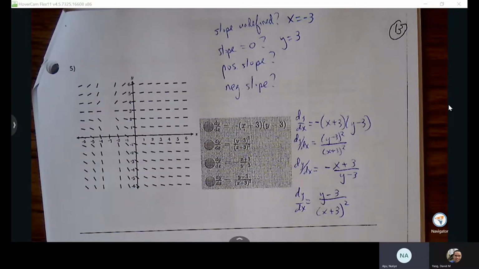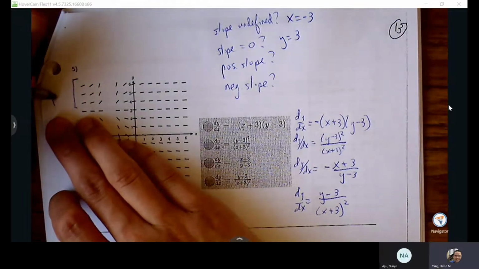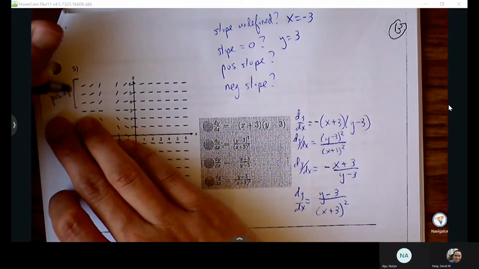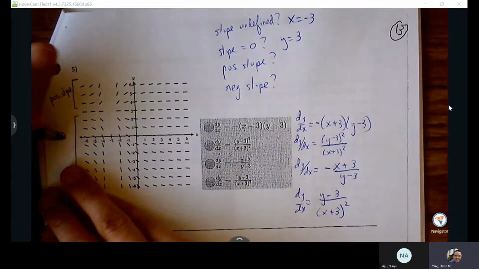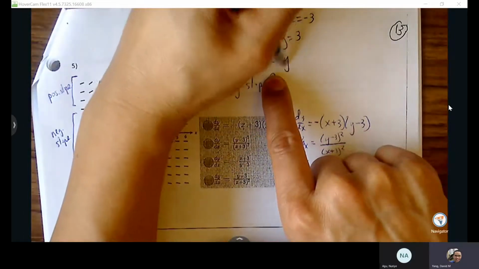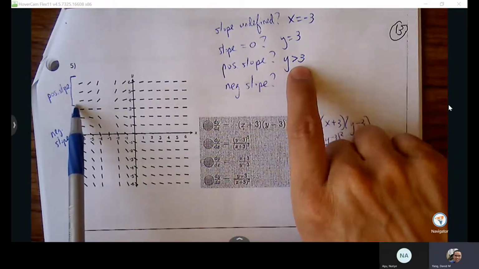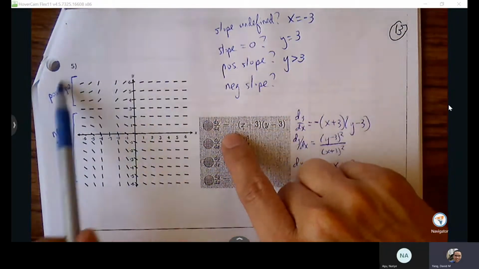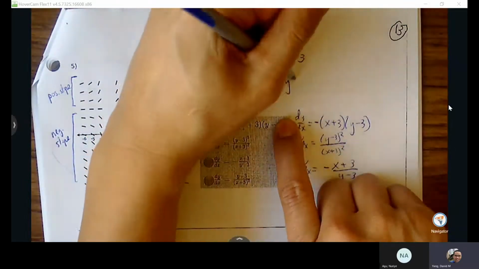Is it y equals 3? What happens above y equals 3? Positive? Yeah, see how these are all positive slopes here? Then everything here, we're seeing some negative slopes. So positive slope, whenever y is greater than 3, it doesn't matter what the x value is, right? As long as the y is greater than 3, I'm getting all positive slope. But as long as the y is less than 3, I'm getting negative slopes.